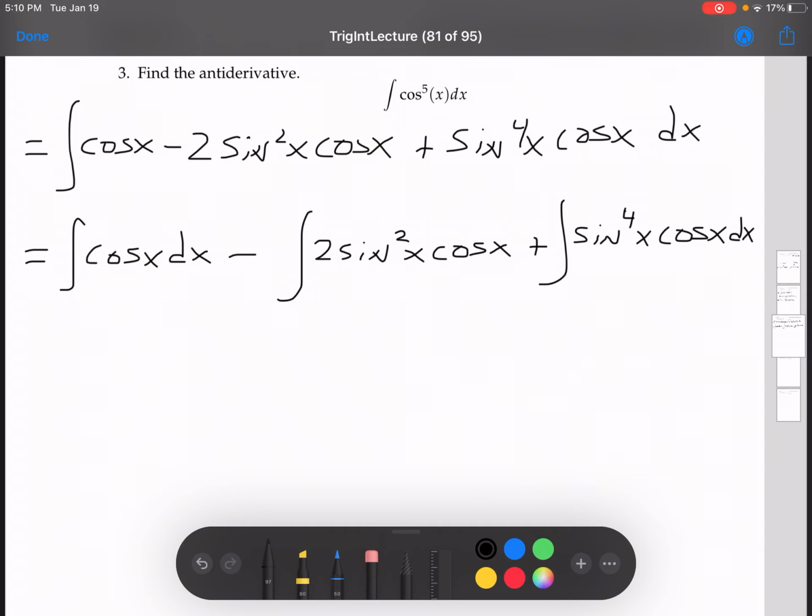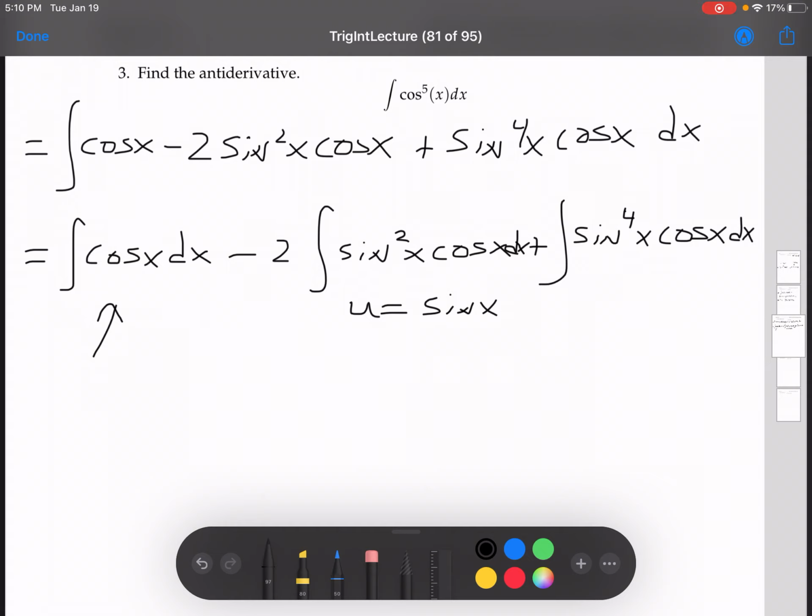And now remember, we can pop the 2 out to the front there. So I'll do that. So I'll have 2 like so. Now the antiderivative of cosine is a well-known form. Here we could make u into sine x for the u substitution. Remember that, forgot my dx there.